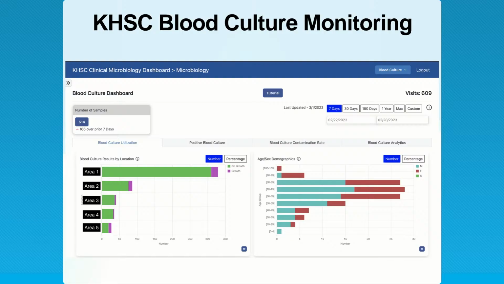Very quickly, you just see on your right all the age demographics. So it looks like over the last 7 days, we have had 514 samples. This is just the last week. You can see that it's a fairly skewed distribution. You don't get a ton of blood cultures in people under 35 or even 39, and then it starts increasing.